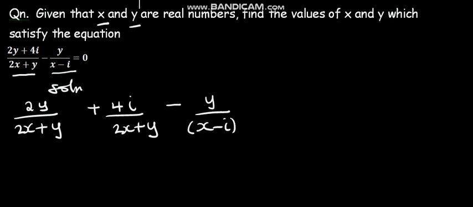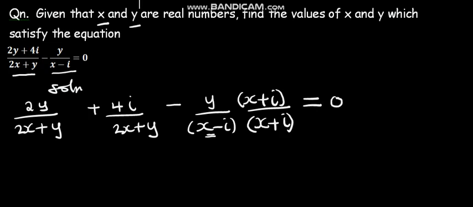So we are going to find the conjugate of this denominator and we multiply it up and down. So it is (x + i)/(x + i). The resultant will be a 0.